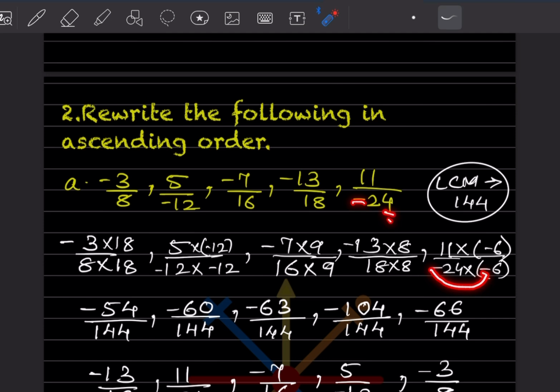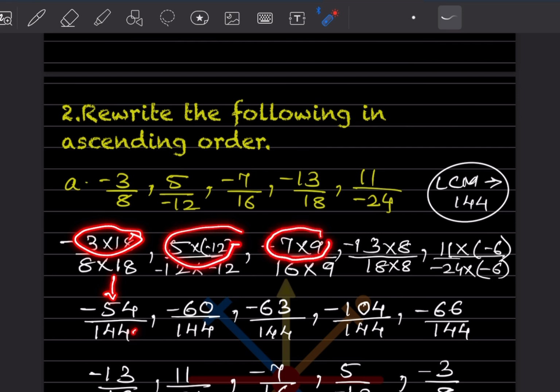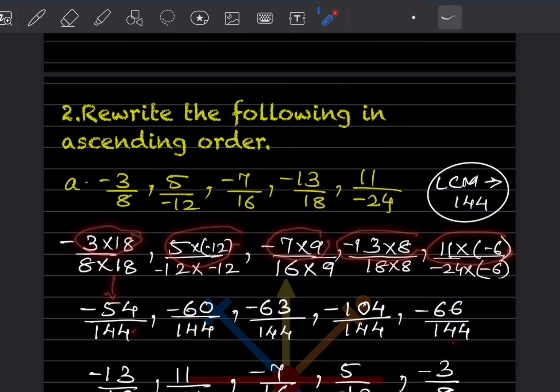So what will you do here? 24 into 6 is 144. So here, because this is minus 6, because I wanted to make this positive, this also should be multiplied by minus 6. So now what will be this? Minus 54 by 144. This will be minus 60, minus 63, minus 104 and minus 66, divided by 144 both.